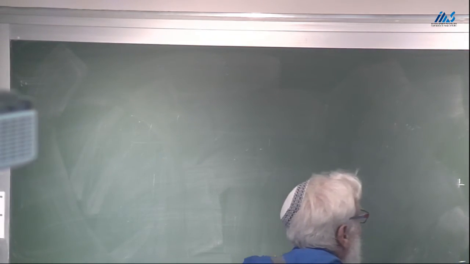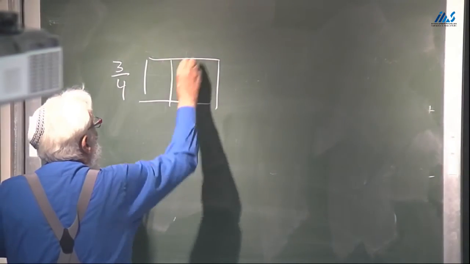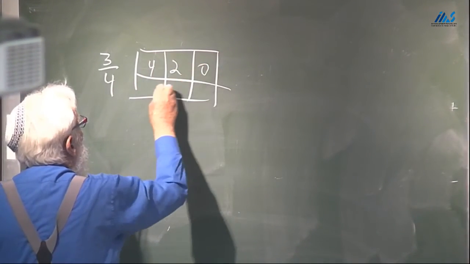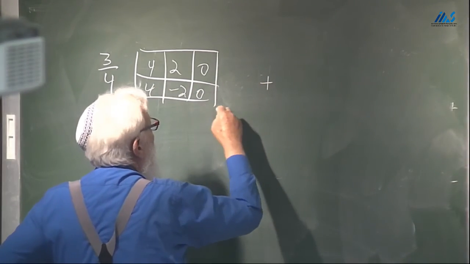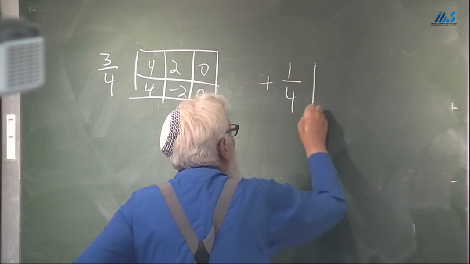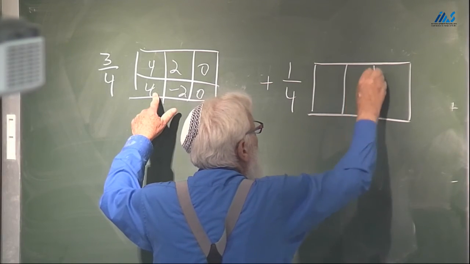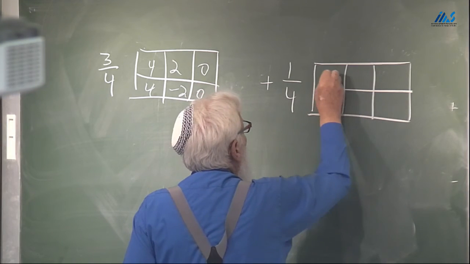Okay, so we get probability of 3/4, say, of this game, 4, 2, 0, 4, minus 2, 0, plus 1/4 of the other game. And then player 2 will figure that this is the true game with probability 3/4, and this is the true game with probability 1/4.